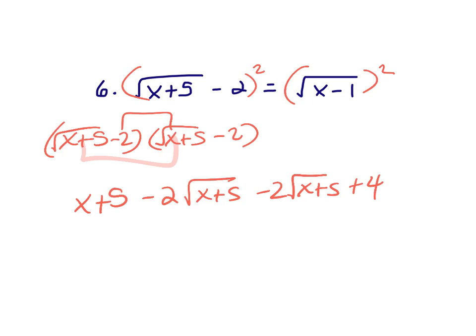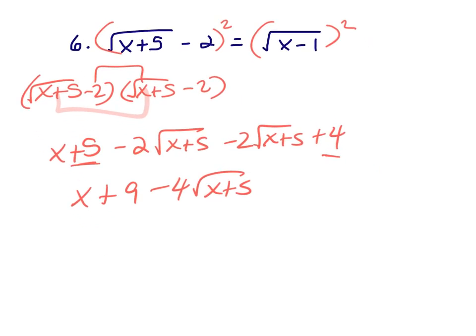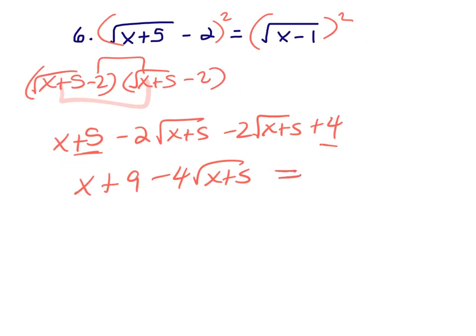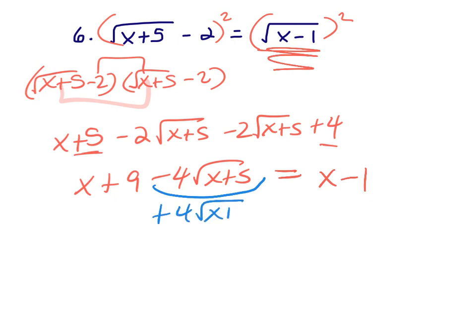I'm going to combine like terms. This 5 and 4 is going to become a 9. So x plus 9 minus 4 square root of x plus 5. Now I can set this equal to this thing freed out of the radical. So again, we're trying to isolate our next radical. I'm actually going to move this one over to the right so it turns positive. So I'm going to add this to isolate it.